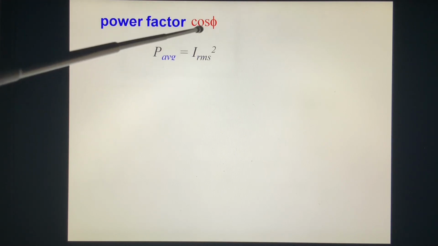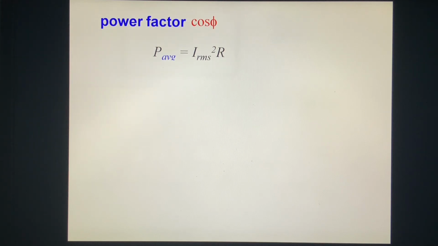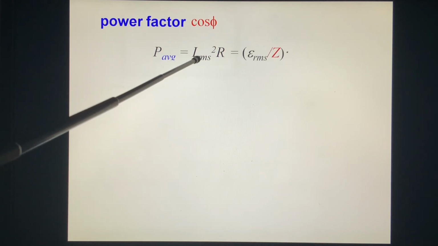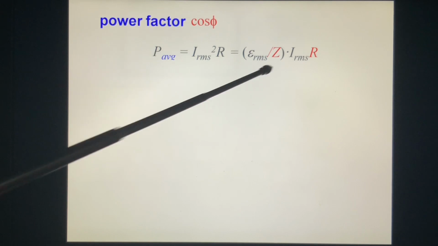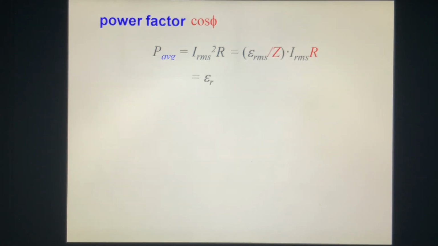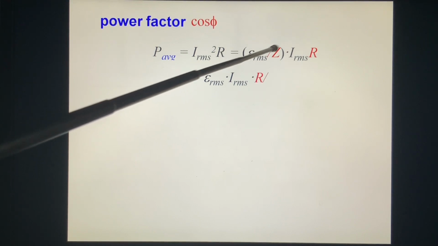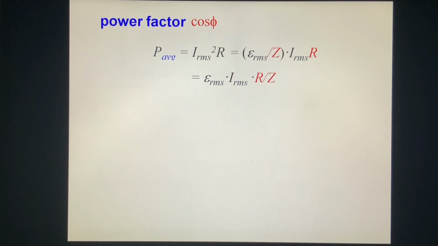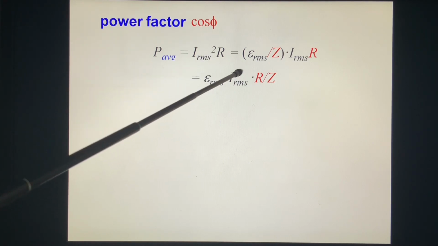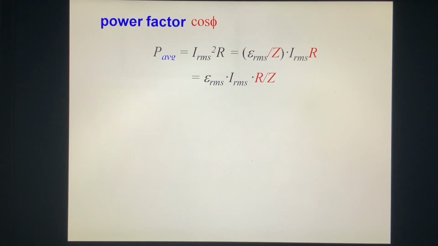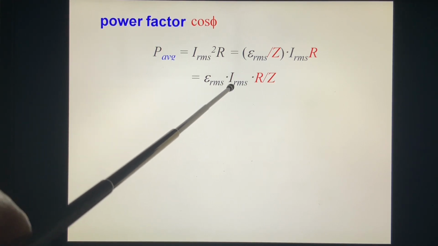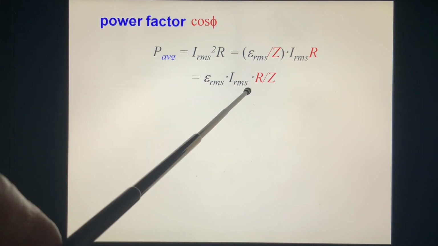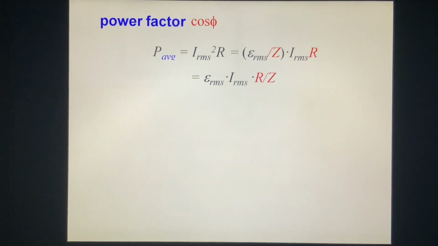The P average is I root mean square squared times R, and I root mean square equals epsilon root mean square over Z. You take one I out and do the operation with Z, so rewrite it as epsilon root mean square times I root mean square times R over Z. We know in a DC circuit the power equals EI, and similarly in alternating current the average power equals epsilon root mean square times I root mean square, times a factor R over Z.